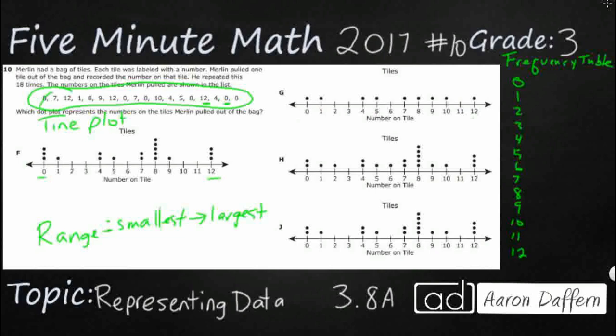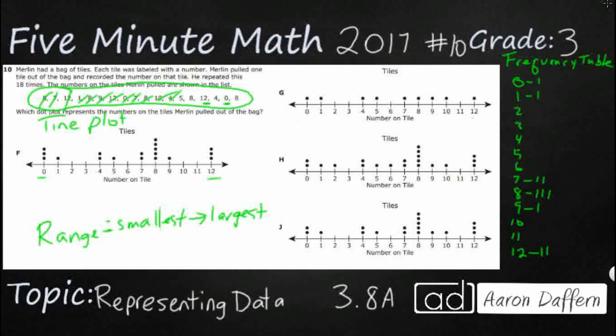So I've got 8, 7, and 12. I'm just going to put a little dash. 8, 7, I'm going to use tally marks here. 12. Let's see, 1, 8, and 9. So I've got a 1, another 8, and then a 9. Another 12, 0, 7. 12, another 0. There's another 7. 8, 10, and 4.